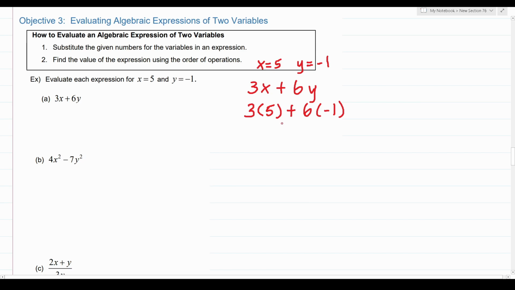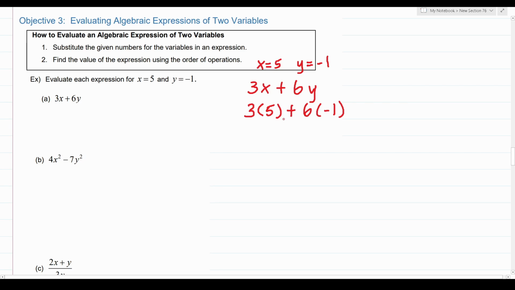And in this case, there are only 3 operations occurring. We have 3 times 5, that's multiplication. We have addition, and then we have 6 times -1. Again, that's multiplication. So we have multiplication, multiplication, and addition.